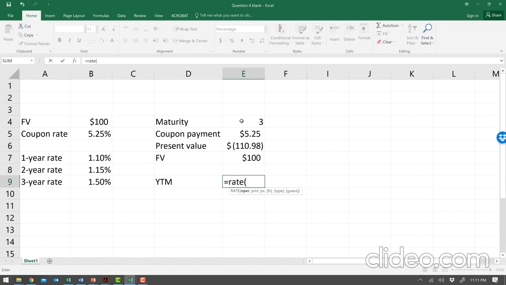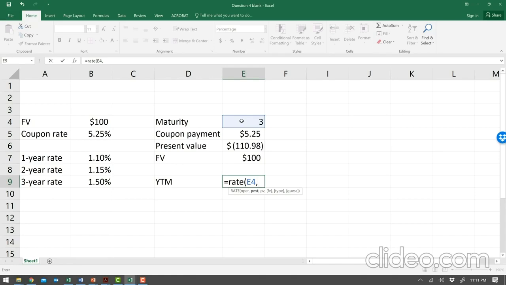The first input is the number of periods, which in bond speak is the time to maturity of the bond. It has 3 years to maturity, and therefore it makes 3 payments. So this would be our first input. The second input is the periodic payment that our bond makes.